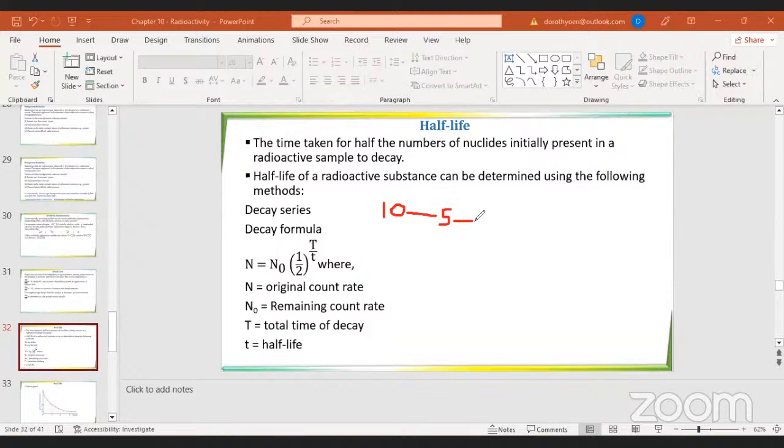Then half of 5 will be what? 2.5. Half of 2.5 is what? 1.25.